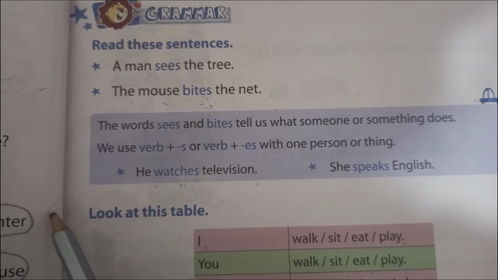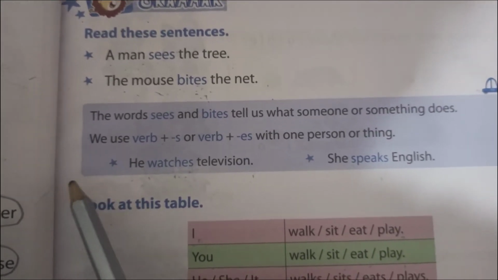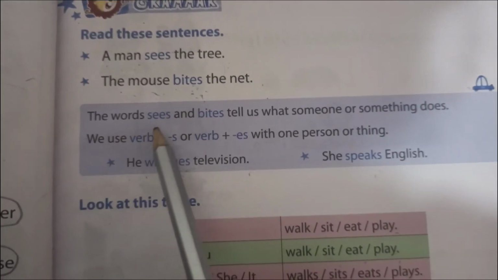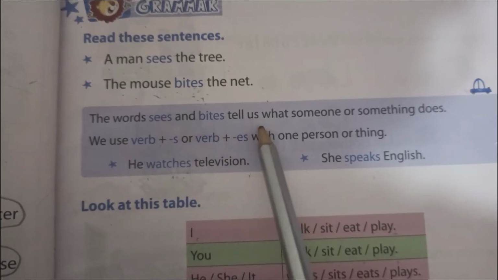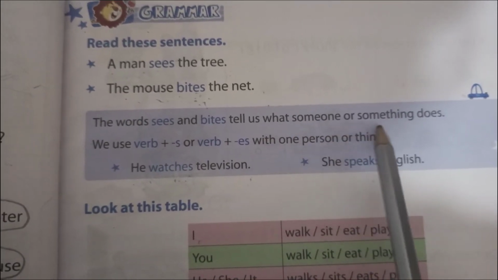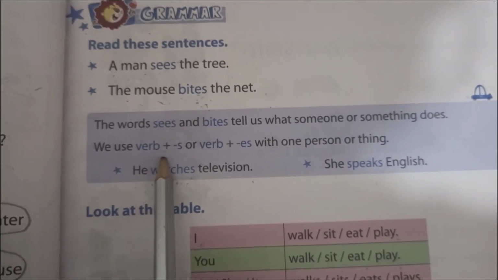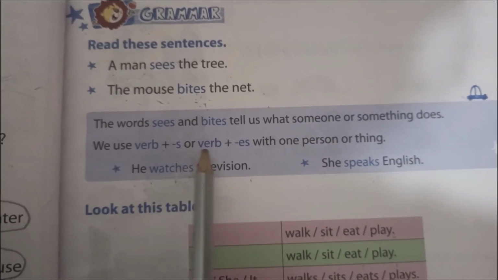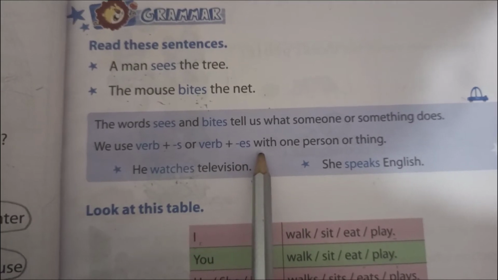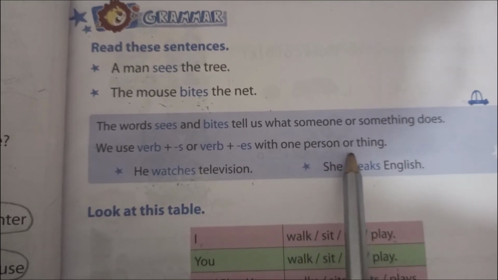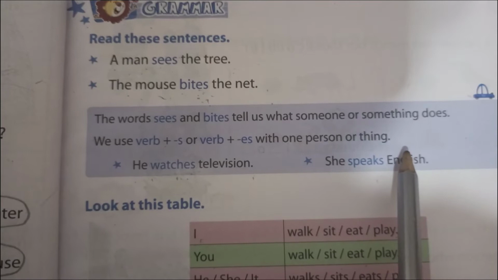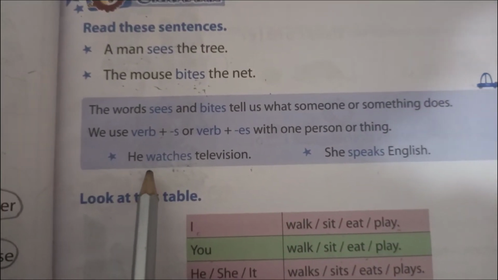So now let's learn more about these verbs. The words sees and bites tell us what someone or something does. We use verb plus s or verb plus es with one person or thing. Now look at the sentence given here.